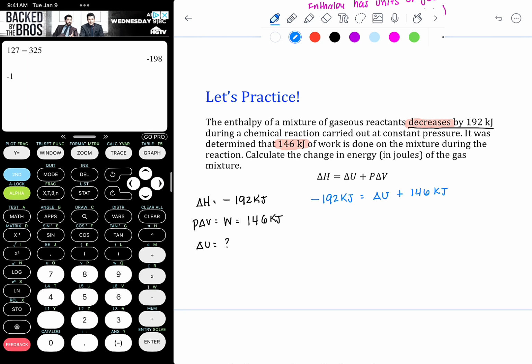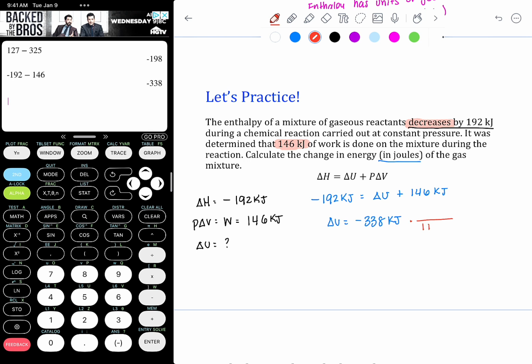So we'll take that negative 192 and we'll subtract off our 146, and we get a delta U that is equal to negative 338 kilojoules. Our problem asks for the energy now in joules, so our final step is going to be converting kilojoules to joules.